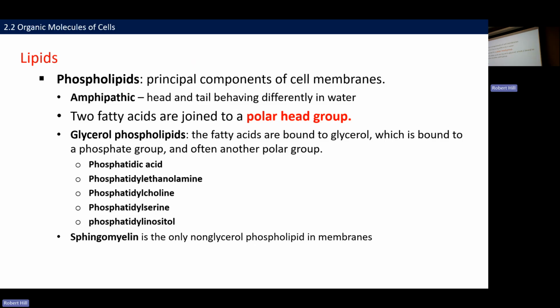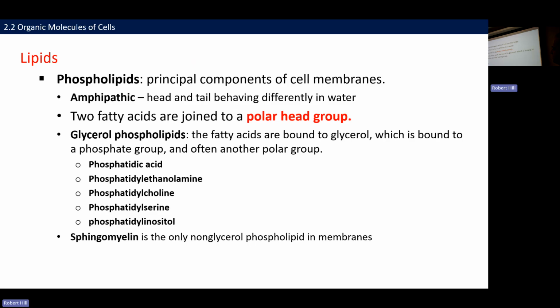The polarity of the phosphate can interact with the water molecules around it. And this makes it a phospholipid, right? Because it has the polar head that is hydrophilic and the non-polar tail, which is hydrophobic, we say these molecules are amphipathic, right? They have differing physical chemical characteristics on opposite sides of the phospholipid.